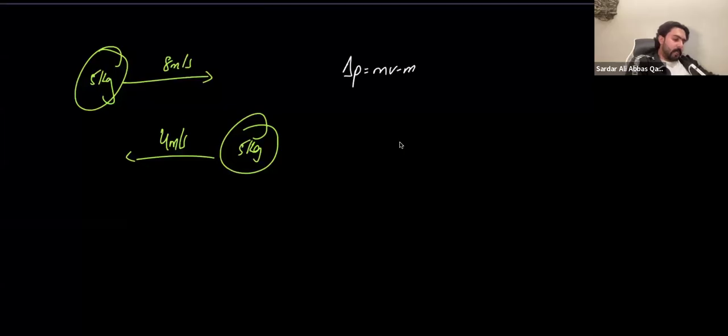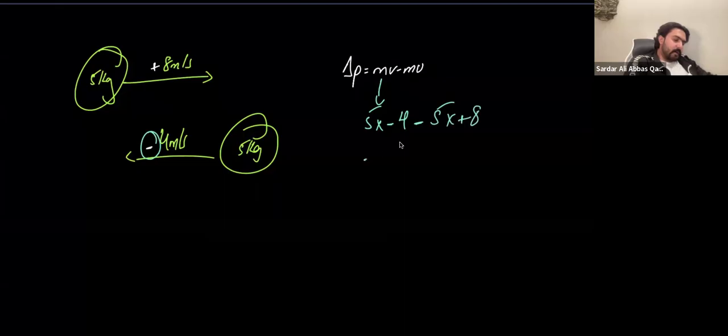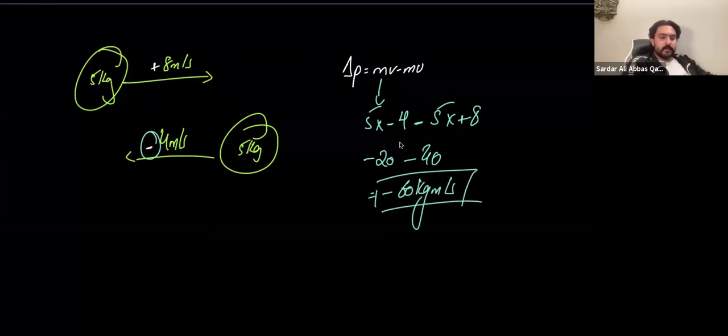mv minus mu. I'm going to take this as positive. I'm going to take this as negative. So I'm going to substitute the value 5 into v. V is going to be minus 4. Minus 5 into positive 8. So minus 20 minus 40. Minus 60 kg meters per second.